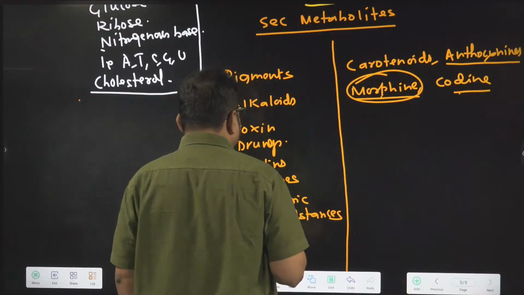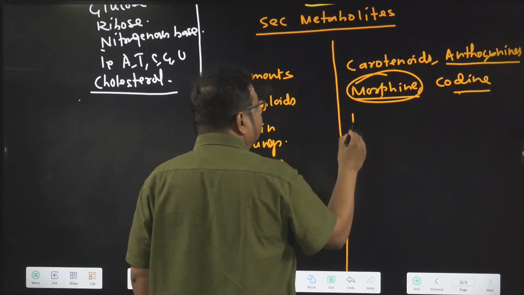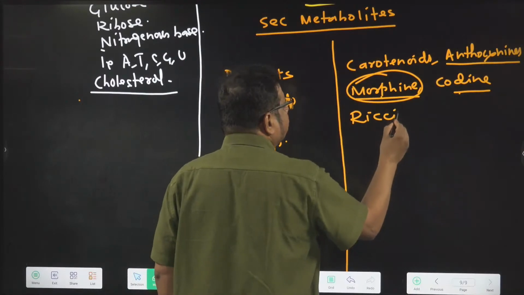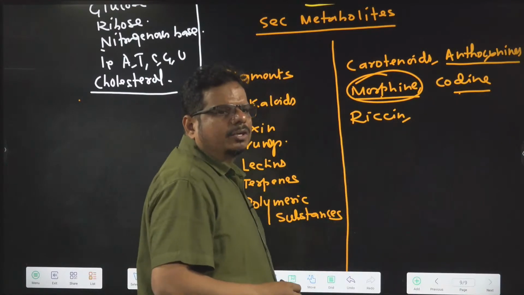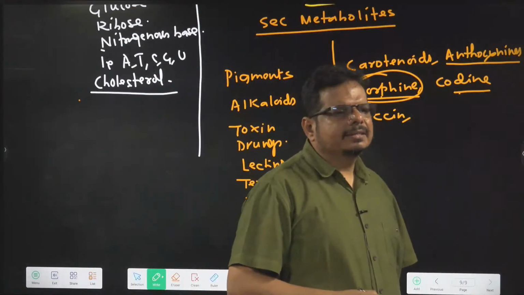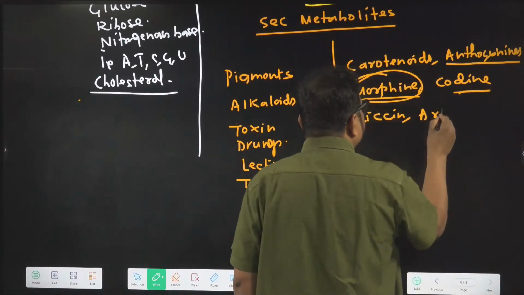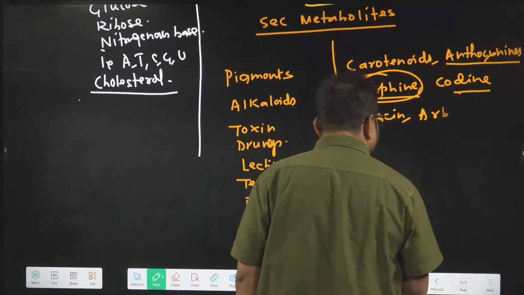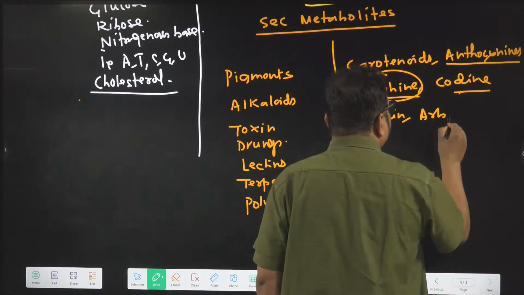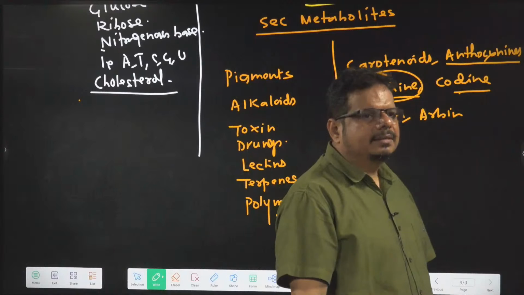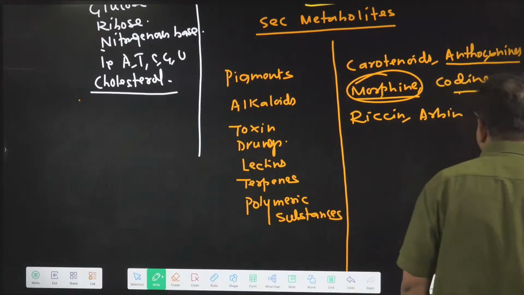Toxin. What are the examples in the toxin? Ricin. Another example of toxin is abrin. NCERT examples, do it by heart. These are basically secondary metabolites. Got the idea?